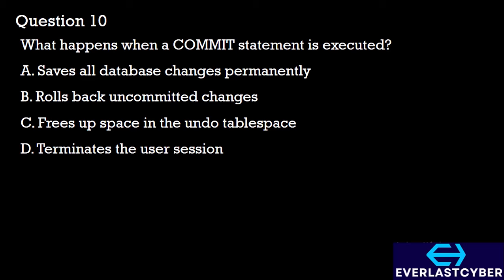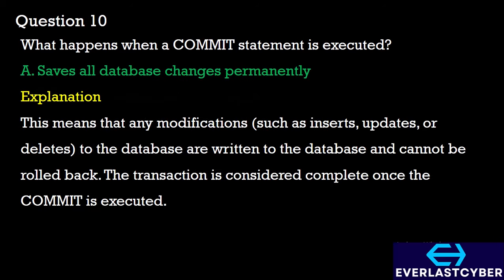In option D, a commit does not terminate the user session. The session can continue after the commit statement is executed. So out of these options, what happens when a commit statement is executed is that it saves all database changes permanently, and this is option A.